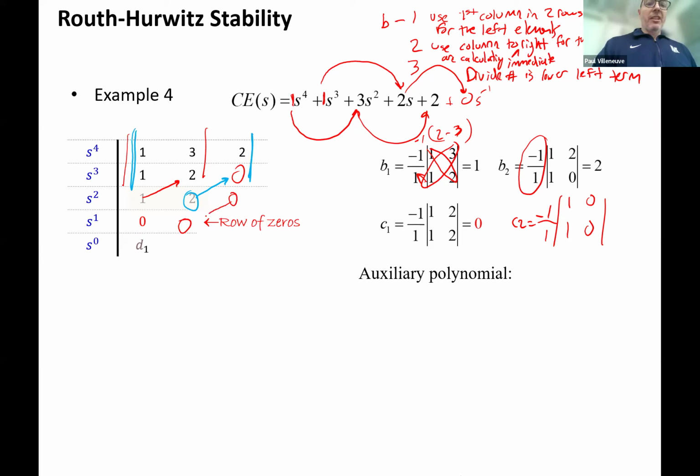So this would be a 0, and then that gets copied down into that step, okay? So you're just moving the term closer and closer towards a 0. And the only way you do that is every other row, you should be moving diagonally down. So you can see the 2 goes here, and then it goes eventually over there. So now I can build my auxiliary polynomial, because how can I solve for D1?